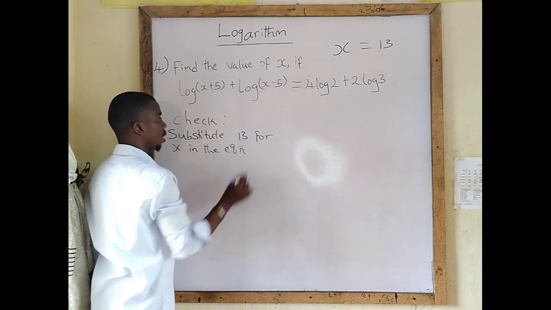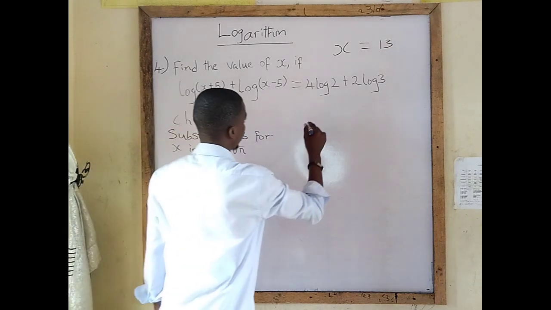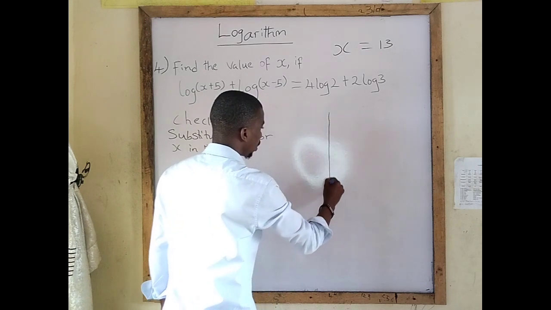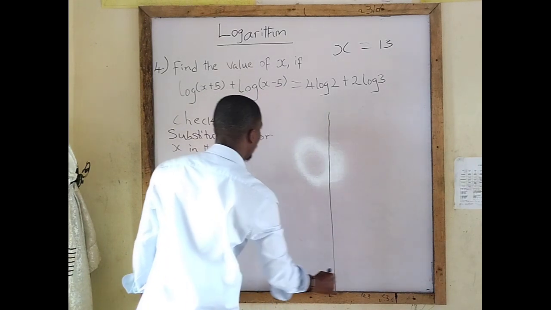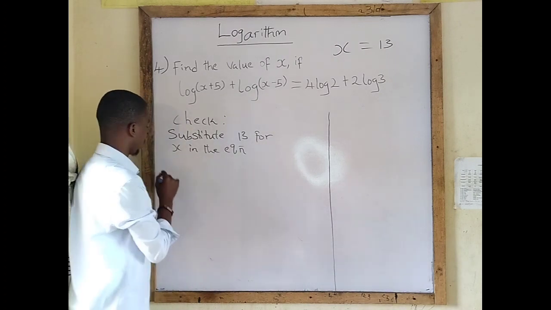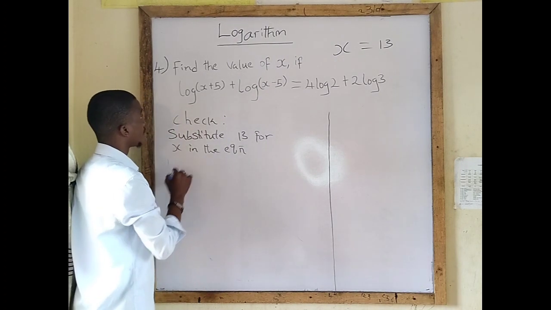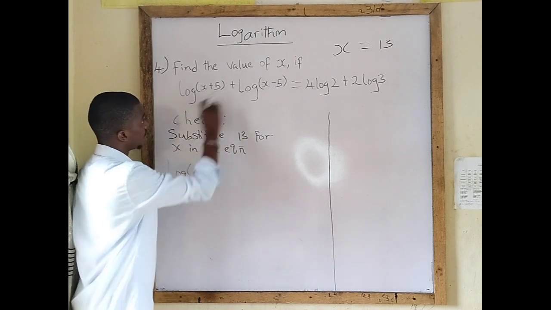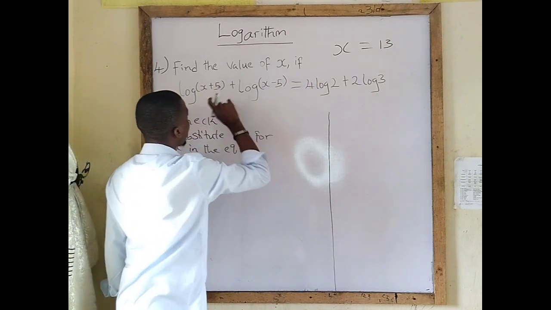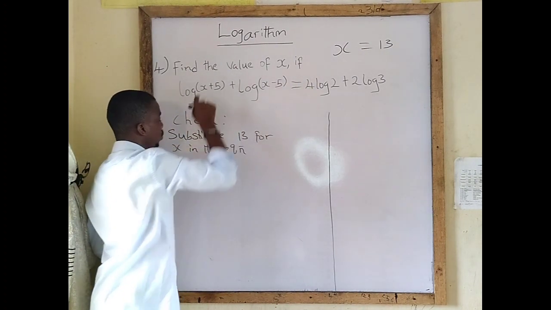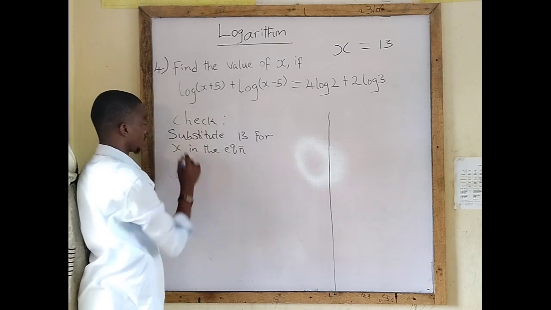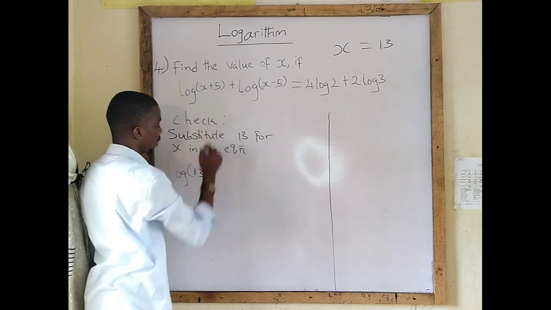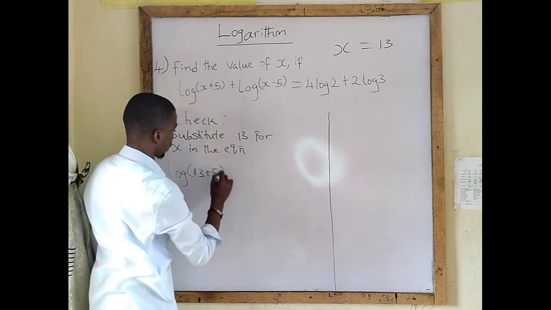Let's divide the board. We substitute where we have x; where we have x we put 13. So this is x, so we put 13 plus 5, close.